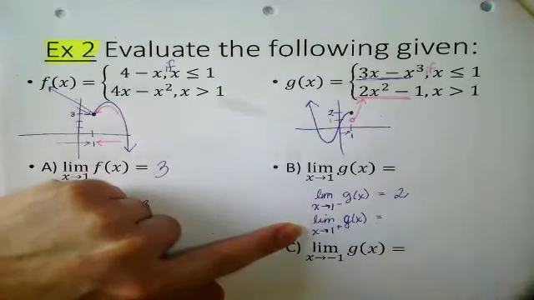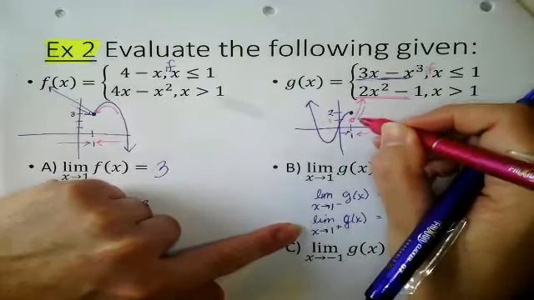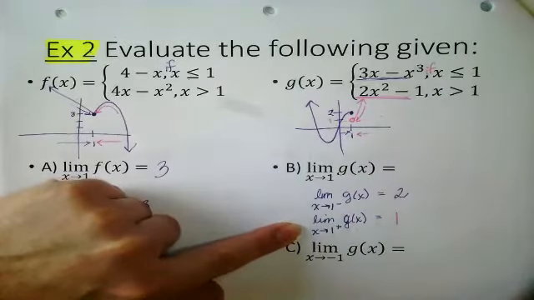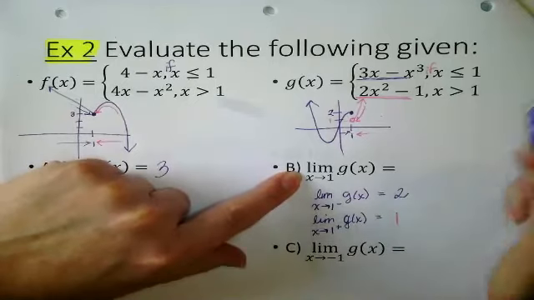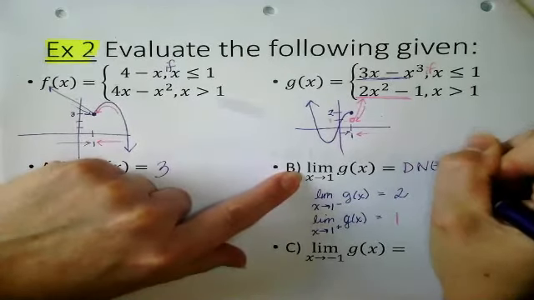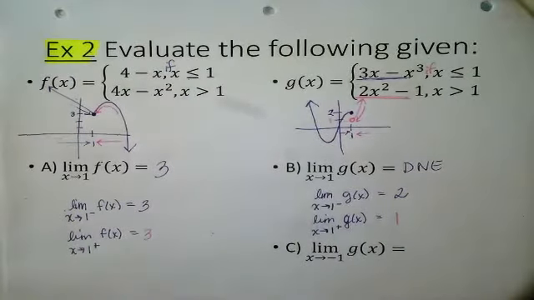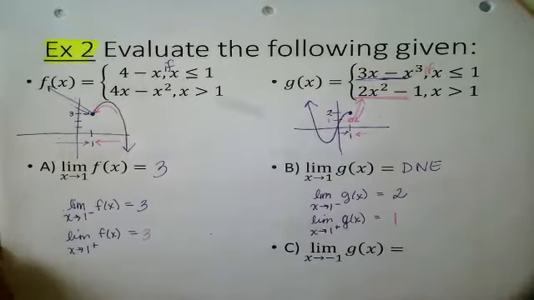And approaching 1 from the right-hand side means we're going to be approaching the value of 1. And so what is the limit as x approaches 1 of g of x? Does not exist. Again, they're going to 2 different values, which means our limit overall cannot exist.